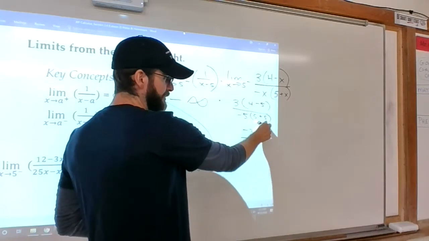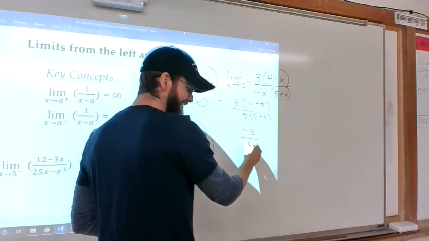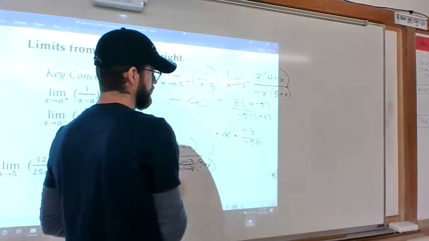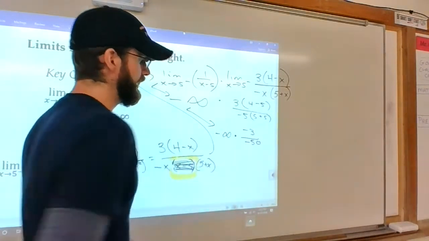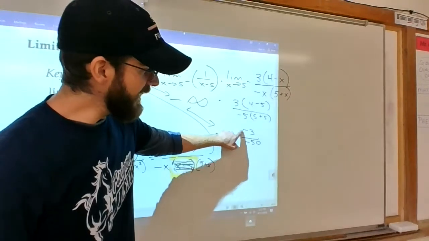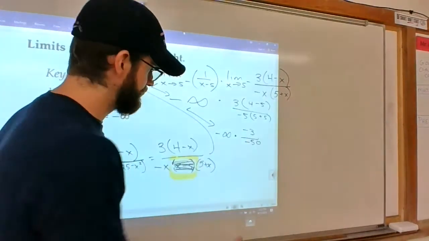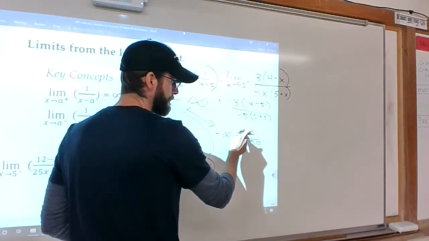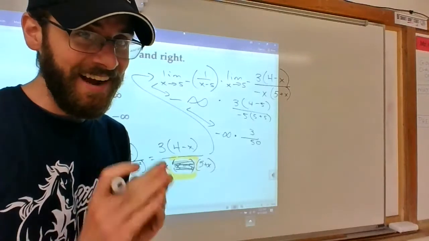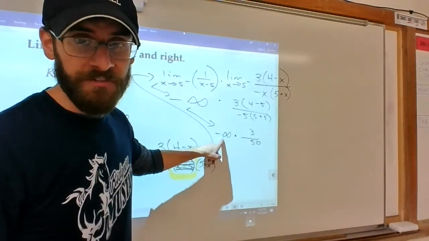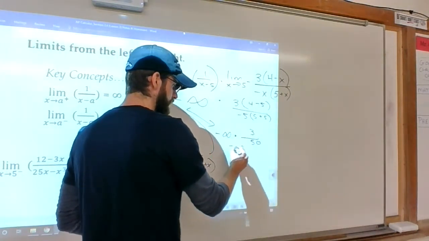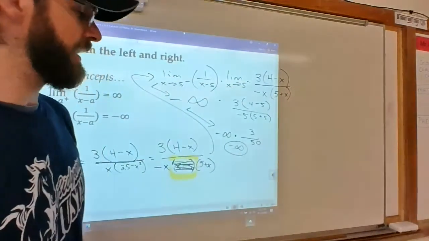The bottom is 5 plus 5 is 10 times negative 5, which is negative 50. There's a lot of negatives floating around, so I'm just going to say a negative divided by a negative is a positive. And a positive number, no matter how small, as long as it's a constant, being multiplied to or divided from negative infinity, is going to keep it at negative infinity.